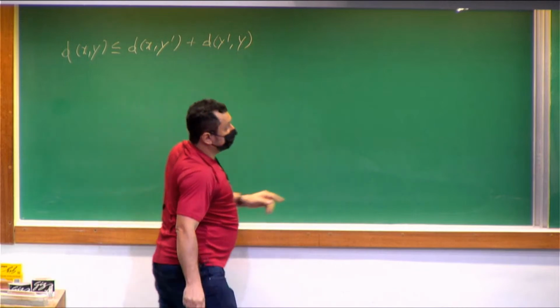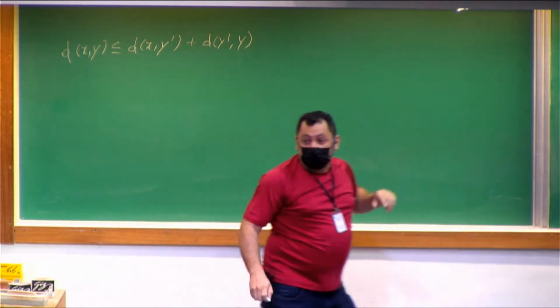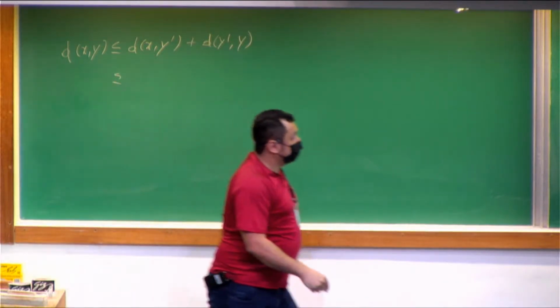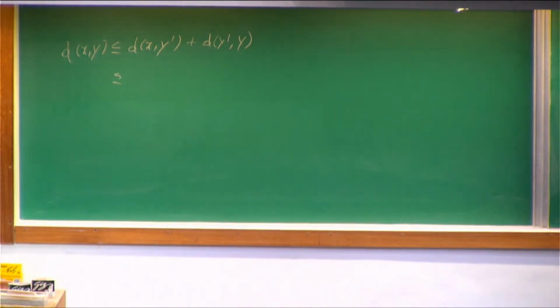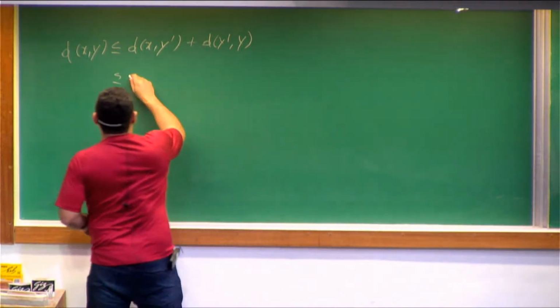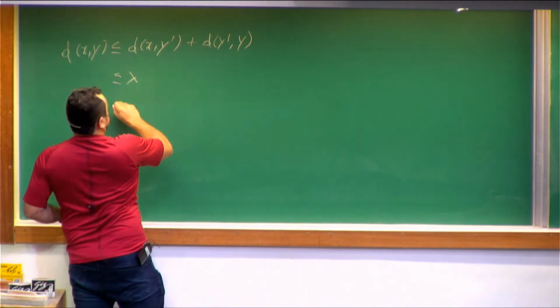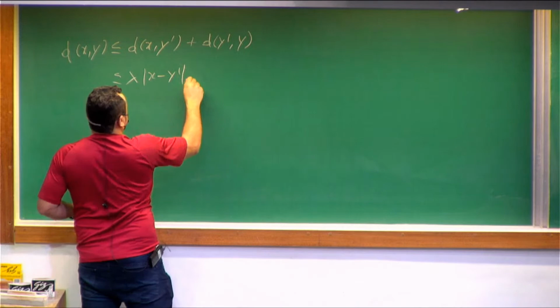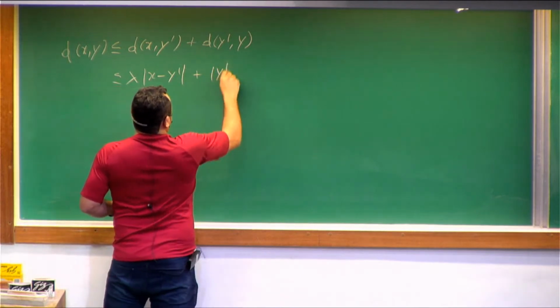But here we can connect by a line. And here we are in the case where they have the same norm. So there is a constant, and this is lambda, in fact, x minus y prime, and this is y prime minus y.